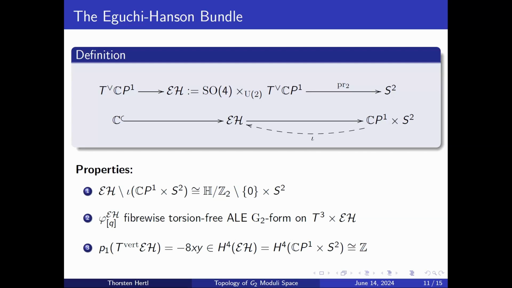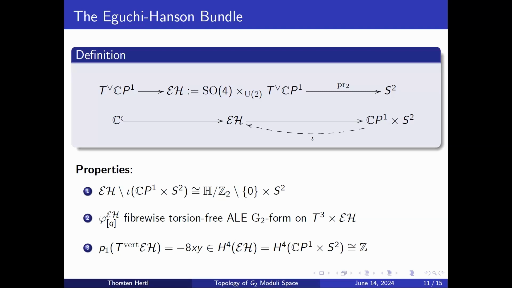The nice property of this fiber bundle is that away from the zero section, the bundle is trivial, in particular it is trivial near infinity. This fiber bundle has a fiber-wise torsion-free asymptotically T3-invariant G2 form, so basically a generalized construction I have shown you two slides before.